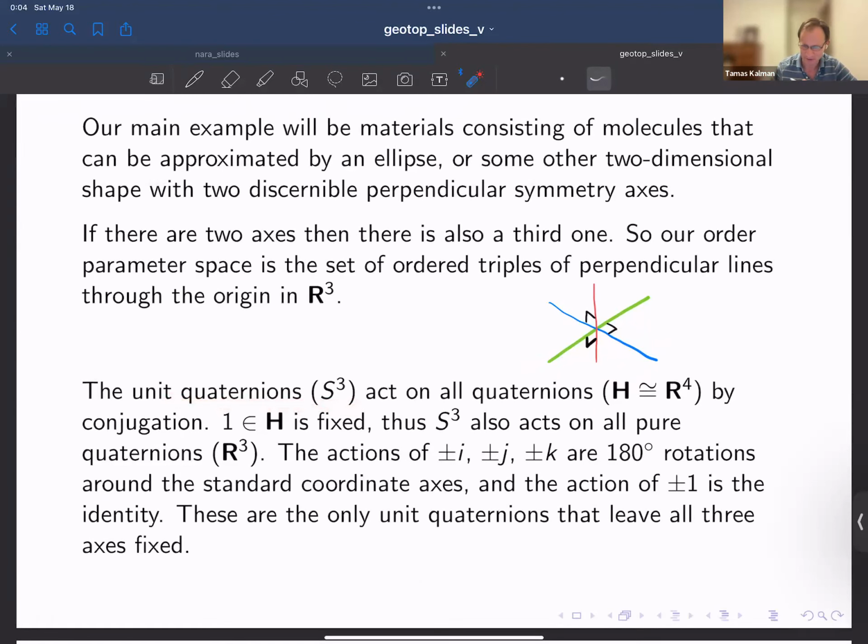In my very next page, I'm going to claim that the order parameter space, the set of all possible positions that these molecules can take, is S3, the three-dimensional sphere modeled by the quaternion group. So I thought it might be useful to remind everyone how the quaternions pop up in this context, just in case you haven't thought about this recently. This is all very classic, of course.